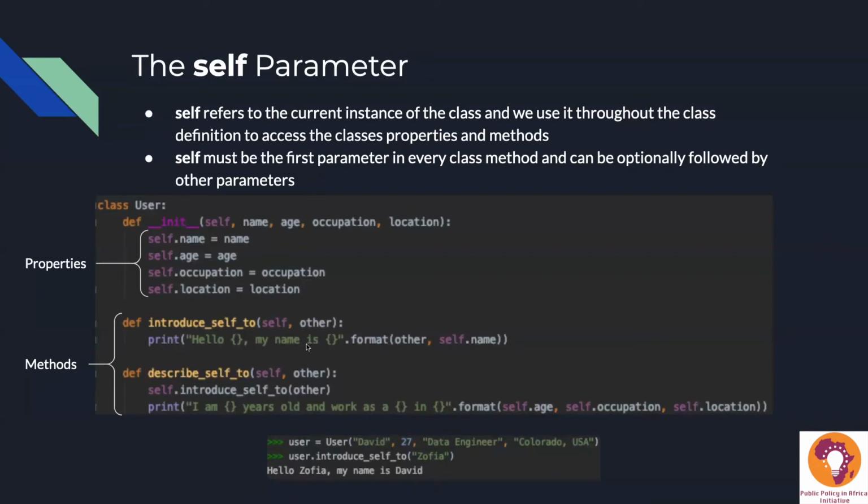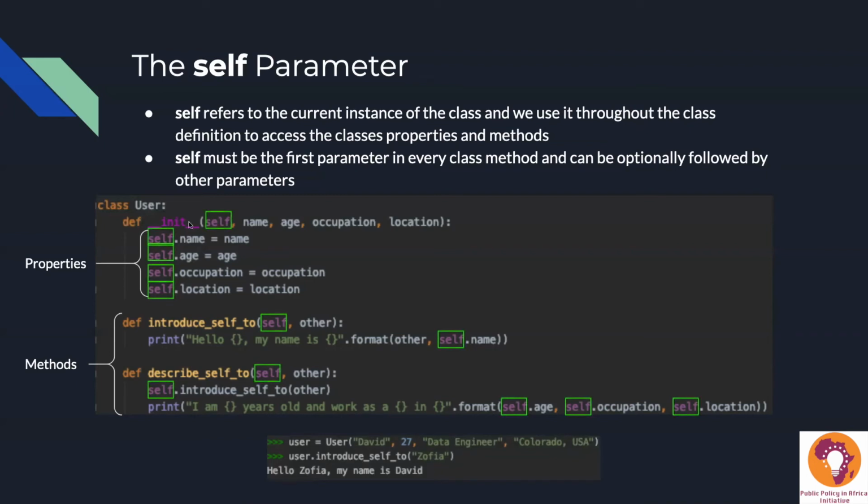Because the introduce self to method accepts another parameter called other here, I now have to pass a string or some parameter into the user.introduce self to, because remember, we don't have to pass self, but we do have to pass whatever other parameters are required. So now I'm passing the name Zofia there, and the program outputs, hello Zofia, my name is David. It's like the object is introducing itself to another person or thing named Zofia.